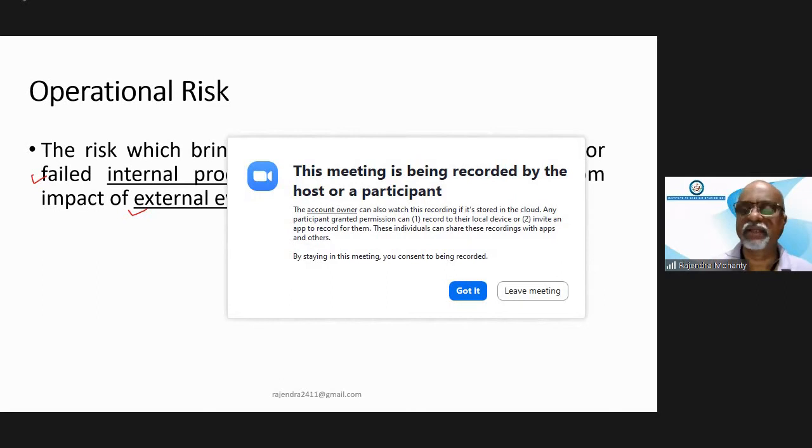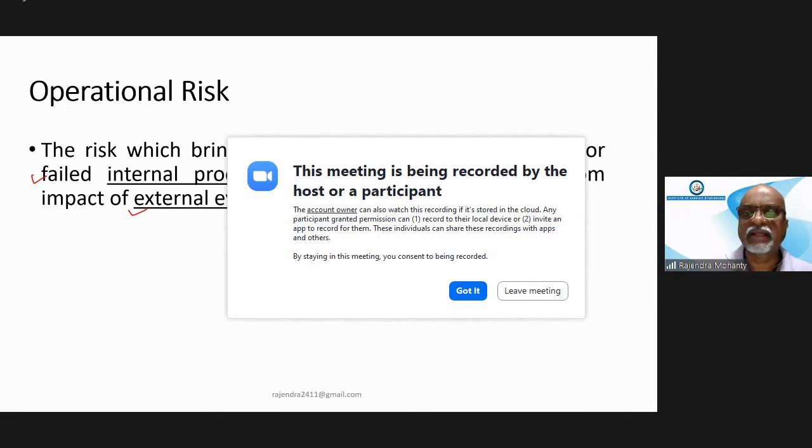External event means any of the physical disasters like earthquake, flood, fire, like that, any external events which are beyond our control. So basically, operational risk is due to failure in the internal processes, or fraud by the people, or people intentionally or unintentionally do something for which loss is suffered, or due to failure or mishap in the systems, any kind of loss which happens.